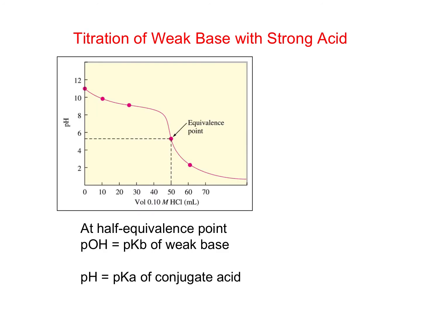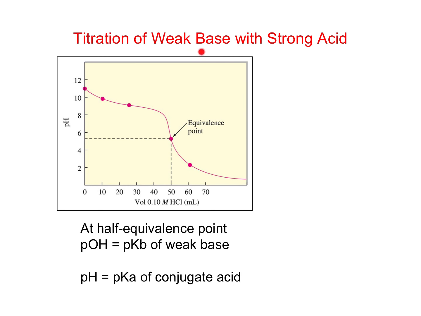All right, if we look at the titration curve of a weak base being titrated with a strong acid, it basically just looks like a flipped over weak acid, strong base titration. In this case, for a strong acid, strong base, the pH is 7. For a weak acid being titrated by a strong base, the pH is above 7.